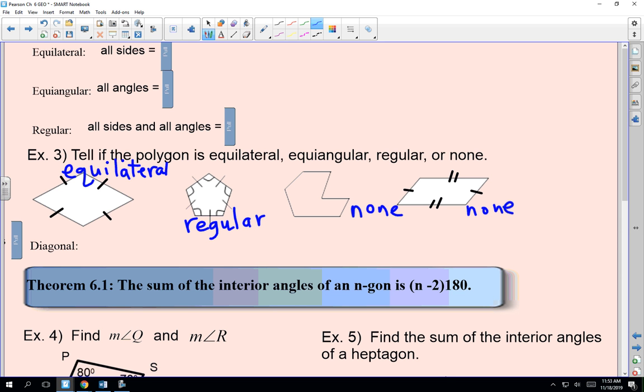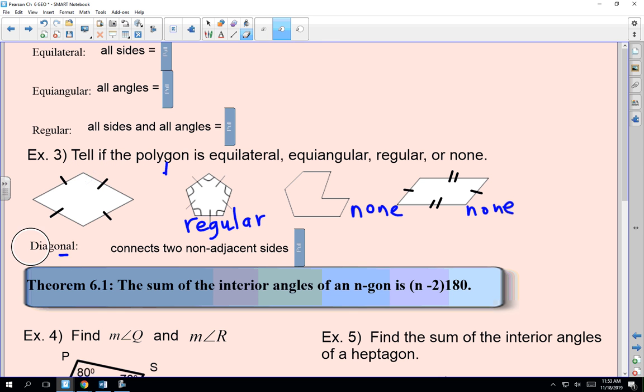Now, the way we think about angles within a quadrilateral goes back to triangles. I said triangles are the building blocks. It's like how many triangles make up a quadrilateral. By the way, here's the definition of diagonal. A diagonal connects two non-adjacent vertices. So if I draw in a diagonal of this quadrilateral up above here, I have how many triangles?